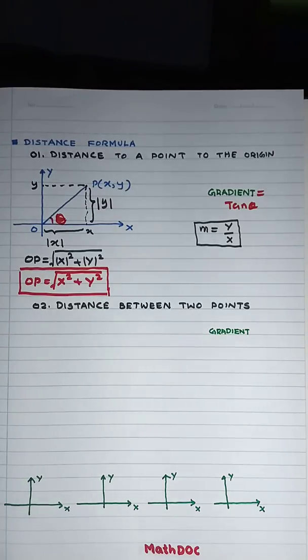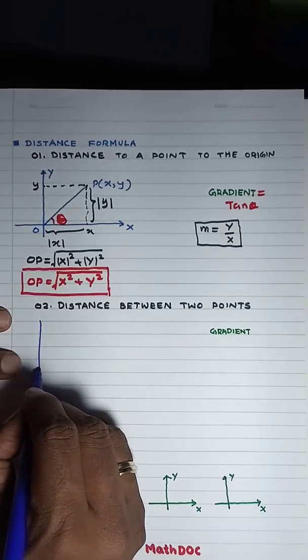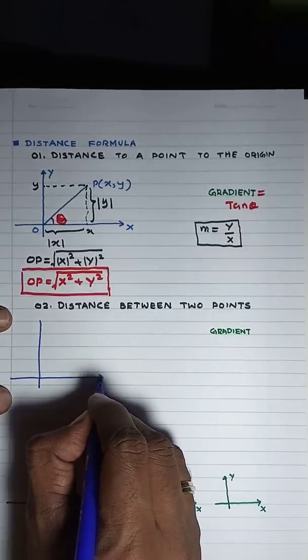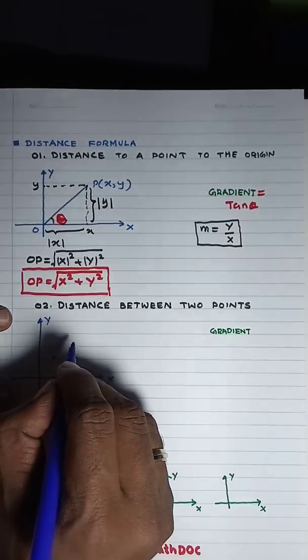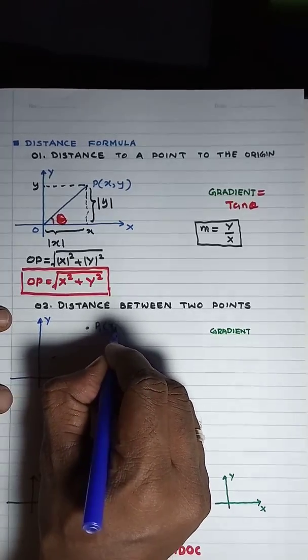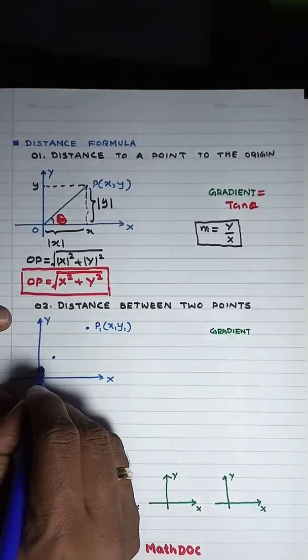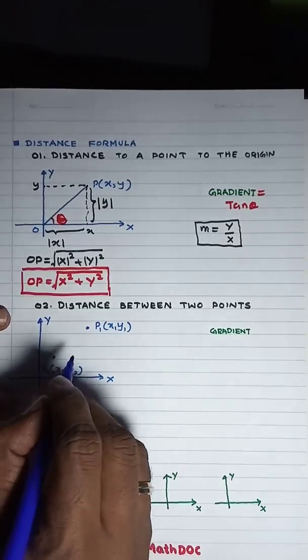Let's move further. When you consider 2 points on this plane, that is the second theorem under the distance formula, the distance between 2 points. Let's take this diagram. This is the x-axis, this is the y-axis. Take the point P1 with coordinates x1, y1, and P2 with coordinates x2, y2.